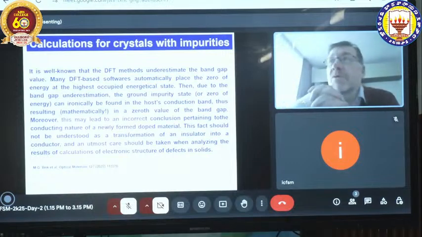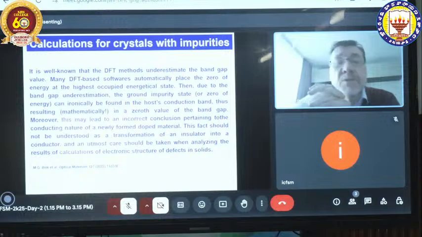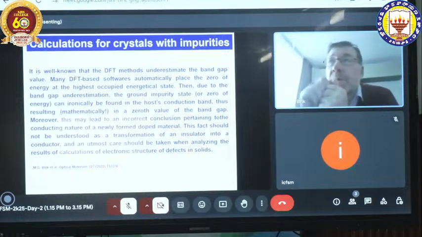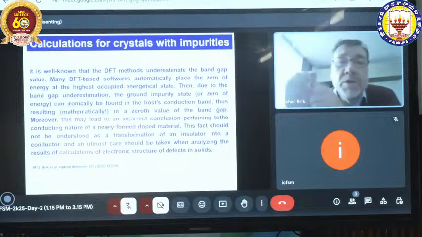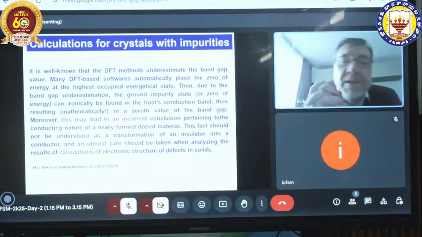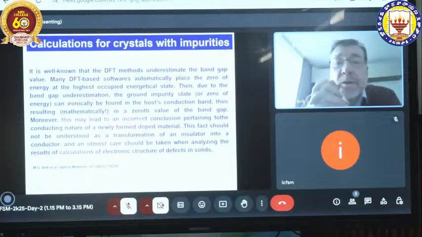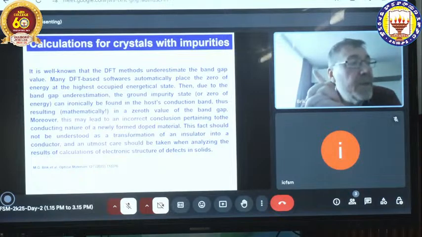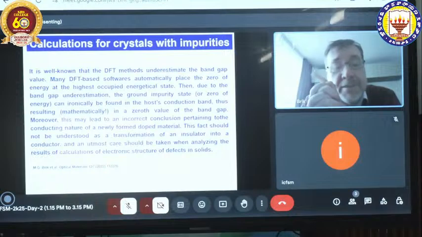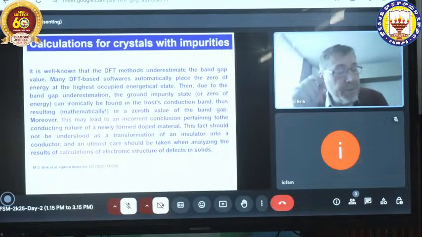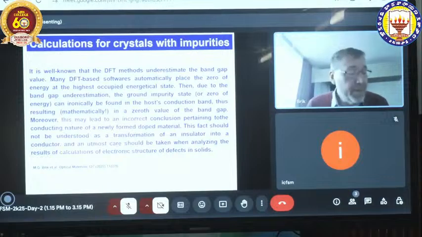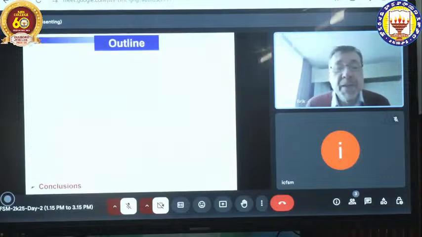Of course, it is not possible to convert an insulator with a wide band gap into a conductor by doping with only 2% of impurity. So again, utmost care should be taken when people look at the results of DFT-based calculations. Always people should pay utmost attention to those things.